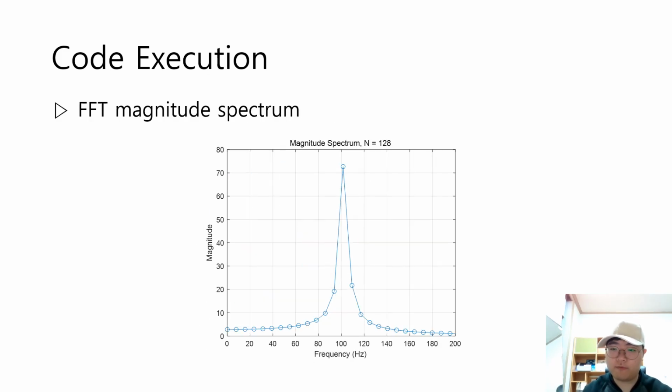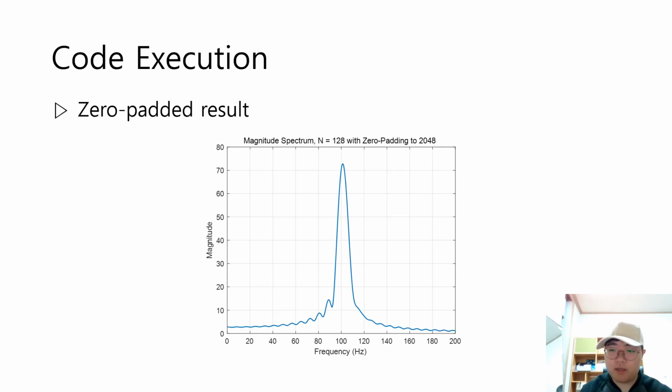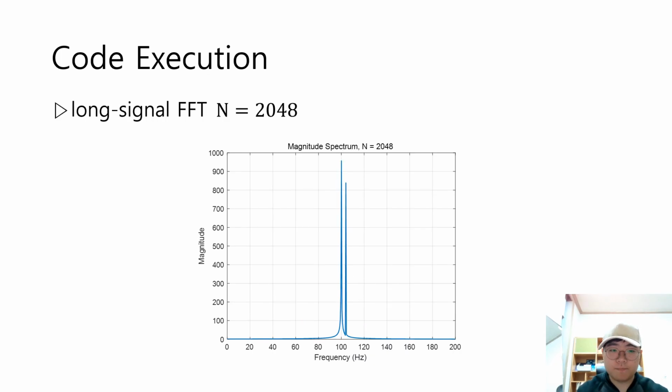Then the FFT magnitude spectrum, the zero-padded results, and finally the long signal FFT for 2048 samples. As you can see, the short signal has poor resolution. Zero padding makes the spectrum smoother, but only the long signal truly separates the two peaks.